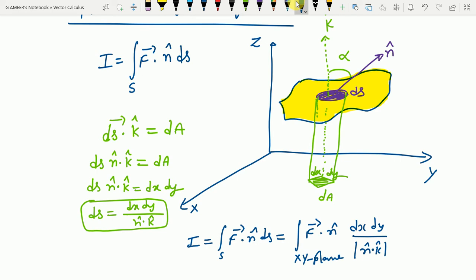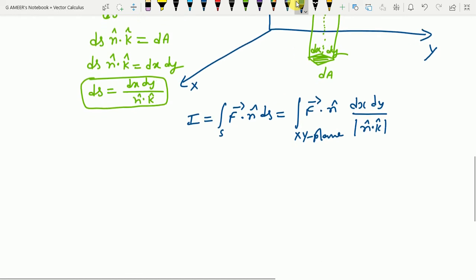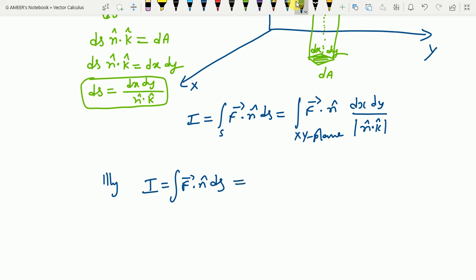Similarly, you can consider the same thing with projection in the yz plane also. Similarly, the surface integral of f dot n cap ds is the original integration we can take. Suppose I take the projection in the yz plane, what is the normal to the yz plane? It is i, the x-axis. That is f dot n cap dy dz divided by the dot product of n and i.